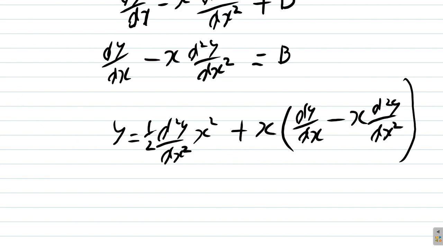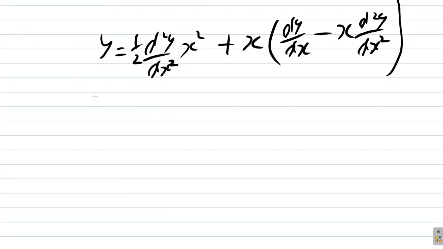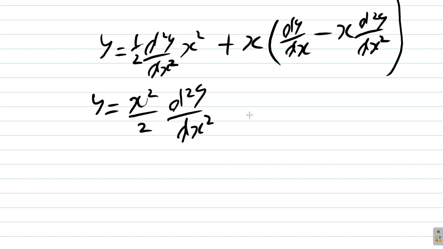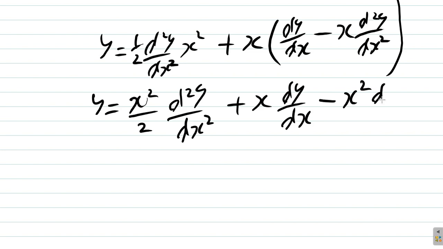Let's open the bracket and see if we can do some amount of simplification. Y is equal to, now this is half, let's put the x squared over here. So we have x squared over 2 d squared y by dx squared plus x dy by dx minus x squared d squared y by dx squared. Okay.